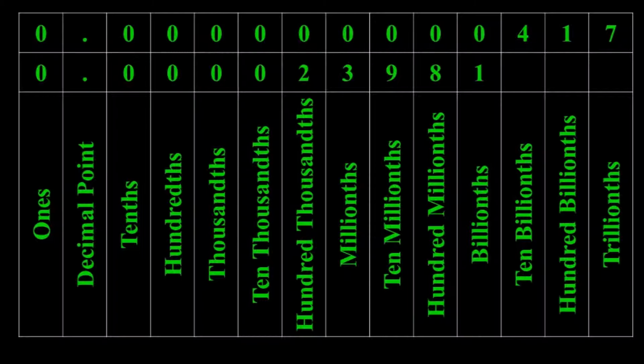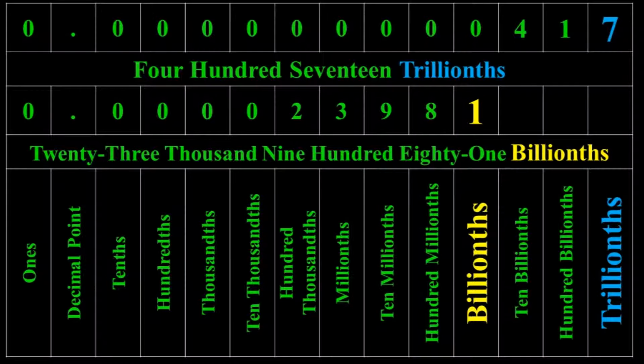It's going to be ones, and then the decimal point, and then tenths, hundredths, thousandths, 10,000ths, 100,000ths, millionths, 10 millionths, 100 millionths, billionths, 10 billionths, 100 billionths, and trillionths. So you can see that these numbers are very, very small. How do you actually write the name of these numbers? Well, the Kb would be 417 trillionths, truly a very small number.